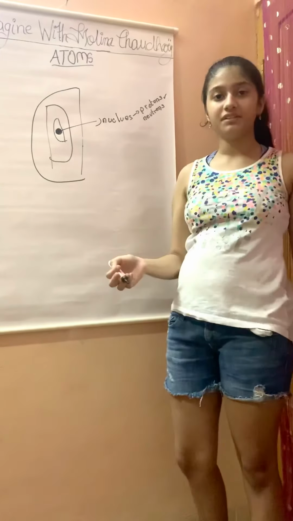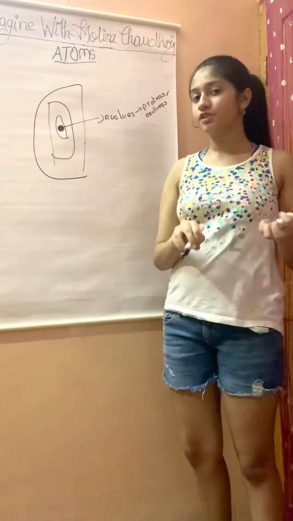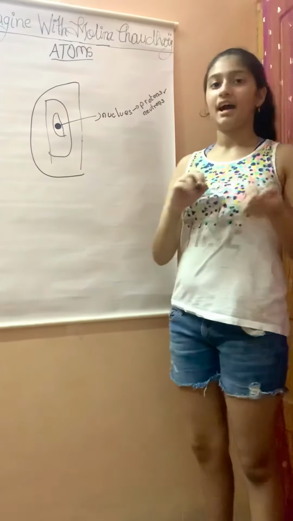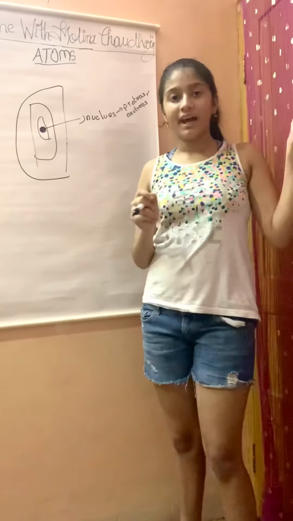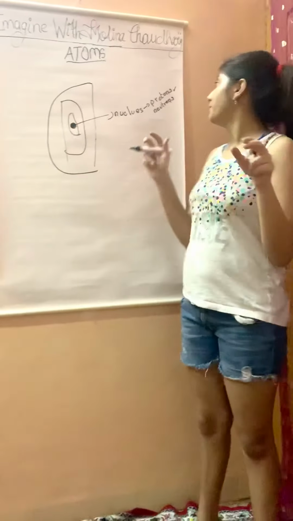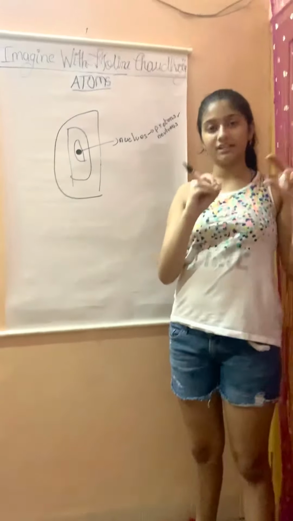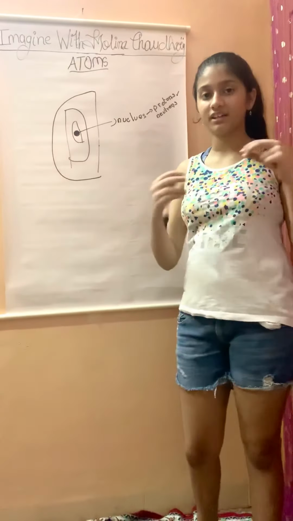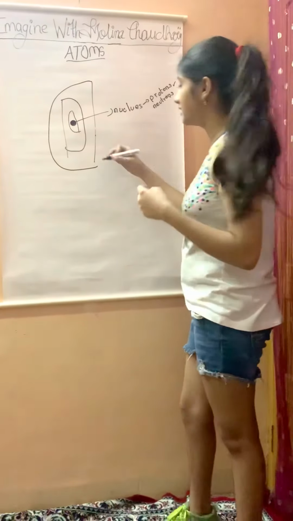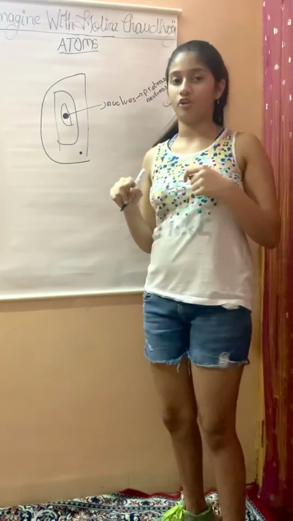Now, what is a positive and a negative charge? For this, I have to tell you that electricity is produced when one atom's positive charge, meaning proton, meets another atom's negative charge. Now, what is a negative charge in an atom? This negative charge is your electron.